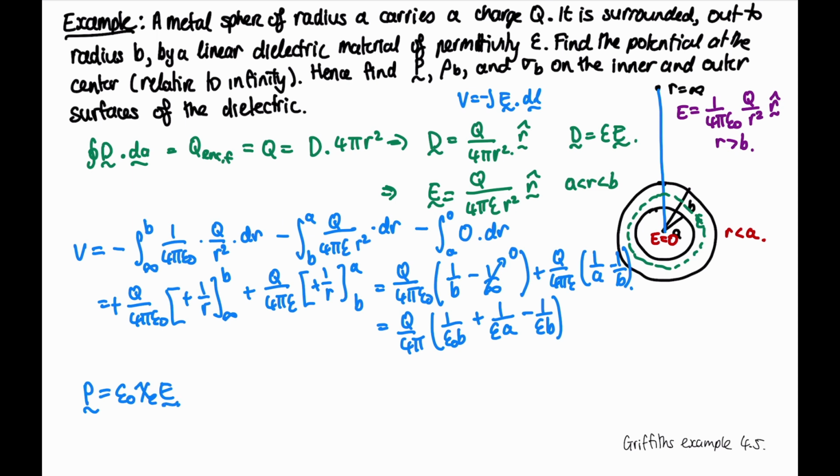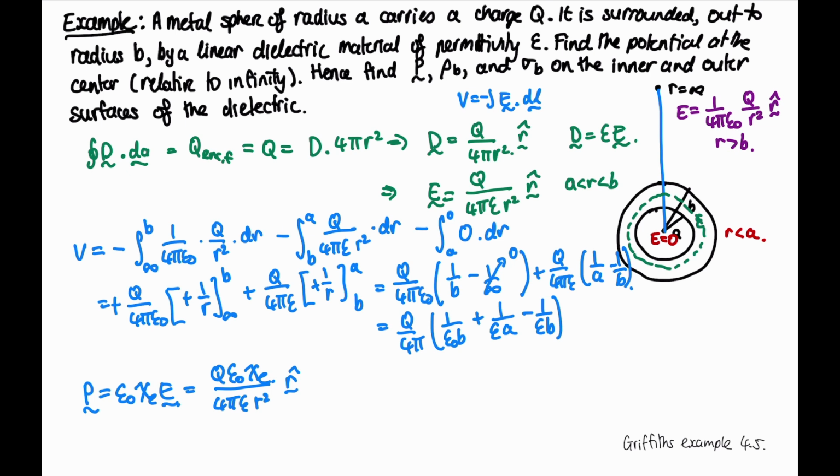And as a step in this, we had to work out the electric field inside the dielectric, so it's just given by this. And so this is equal to Q epsilon naught times the susceptibility divided by 4 pi epsilon R squared R hat. So that's our polarization vector.